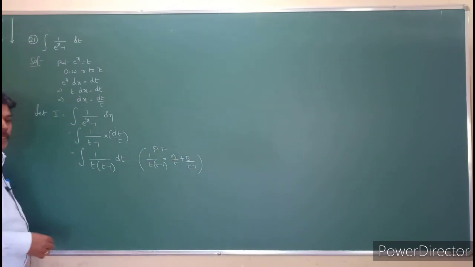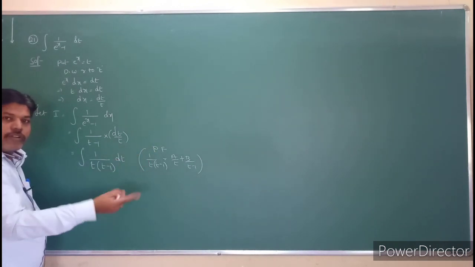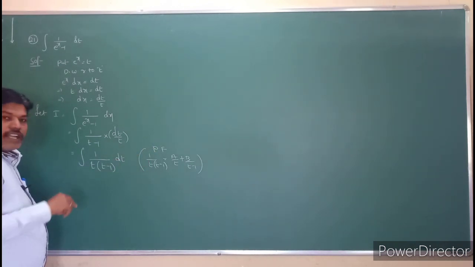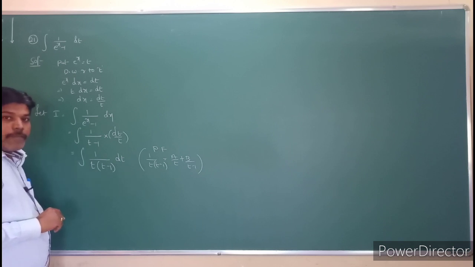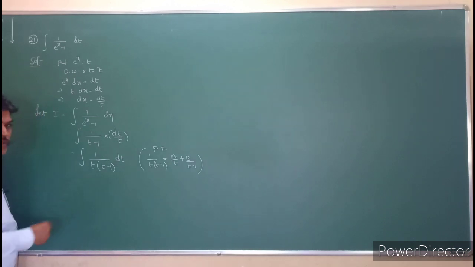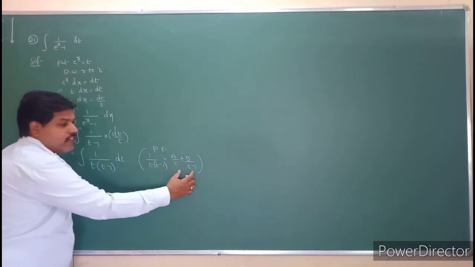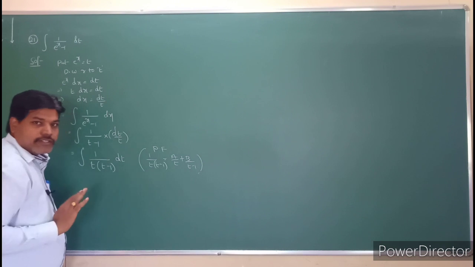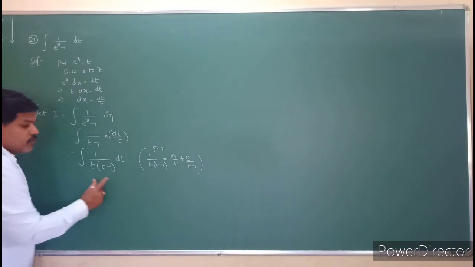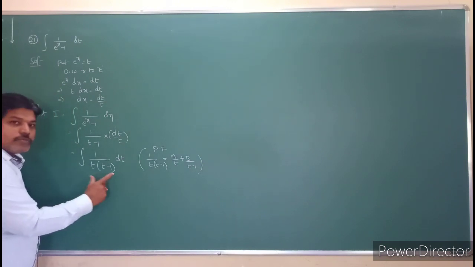After calculating a and b, it will split. But here, I am not using partial fractions. We will do the problem directly, okay? If you have any confusion, apply the partial fractions, then automatically it will split into two parts, then apply the integration. Otherwise, we can split the terms without using the partial fractions also.